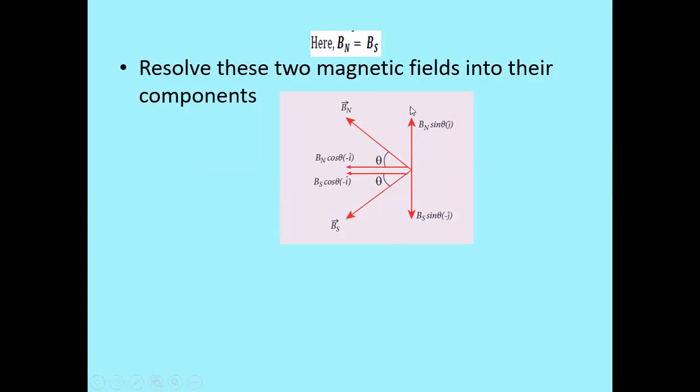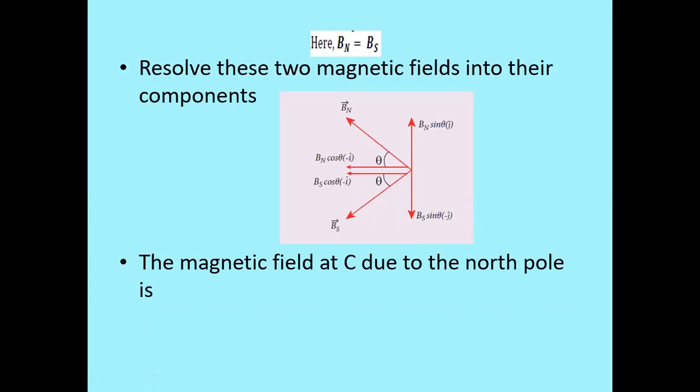The vertical component is Bn sin theta into j vector, in the positive y-axis. Similarly, for Bs, the horizontal component is Bs cos theta into minus i vector, in the negative x-axis. The vertical component is Bs sin theta into minus j vector, in the negative y-axis. This is how we are resolving the components of the magnetic field at the point C.